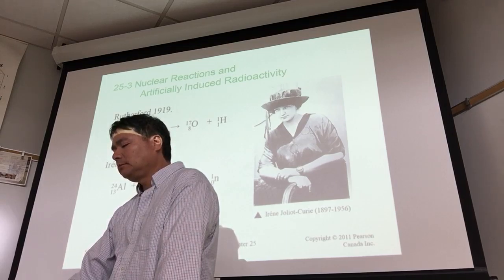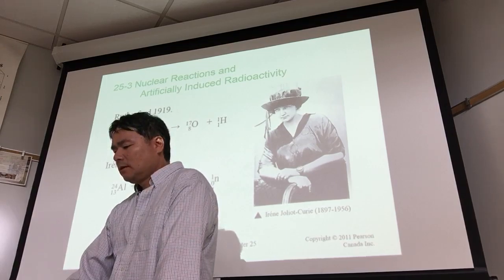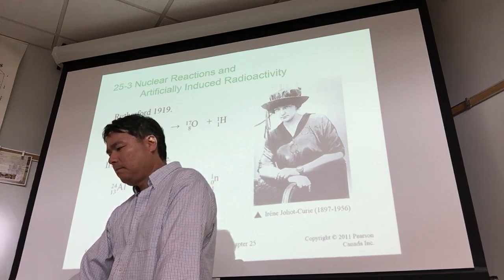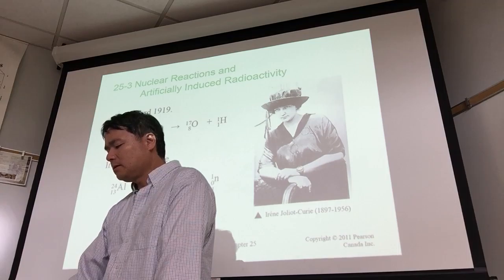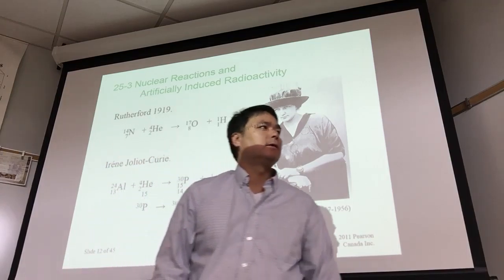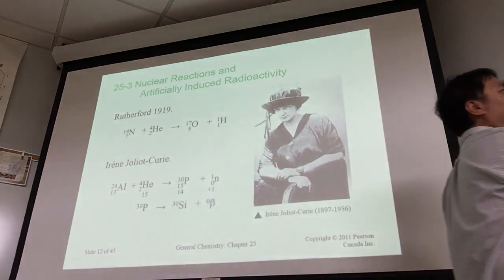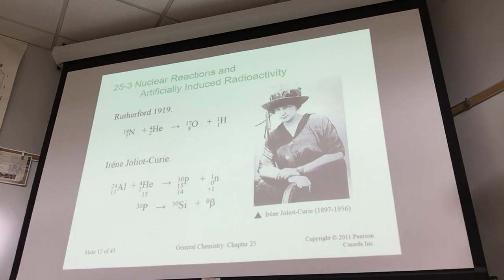Okay, let's talk about this. These are just what we call natural decay processes. Natural decay processes are like you have a big nucleus or you have a bad neutron to proton ratio. A big nucleus, you want to get rid of some of that.